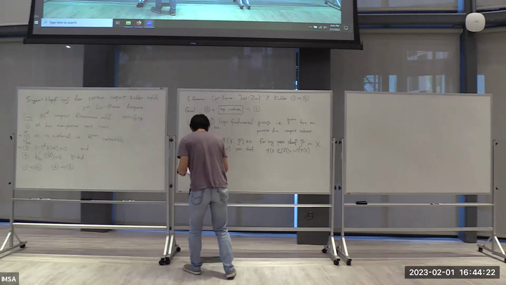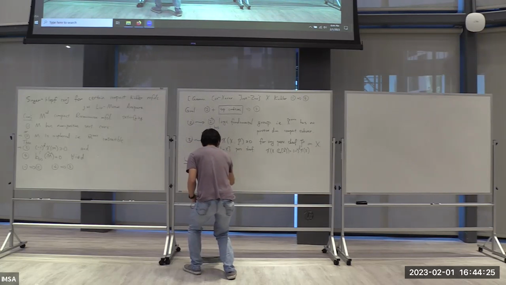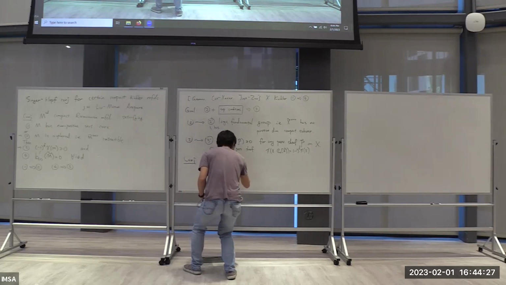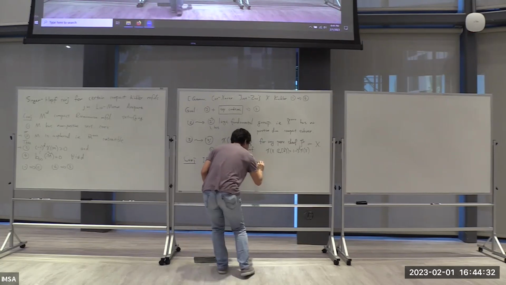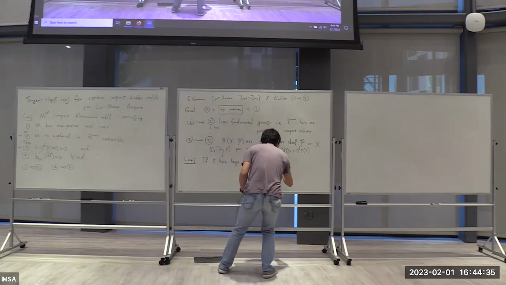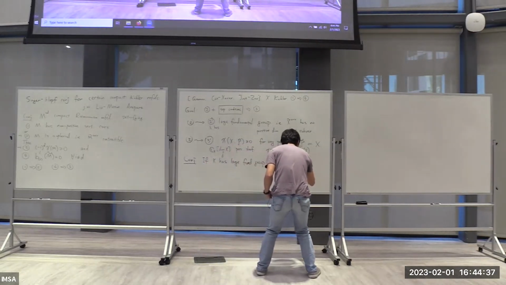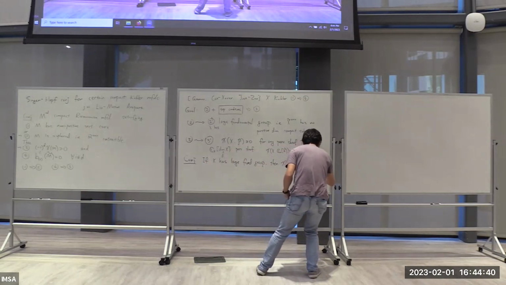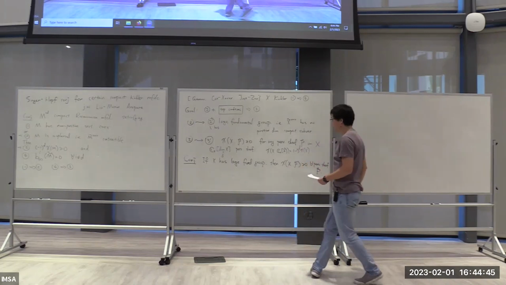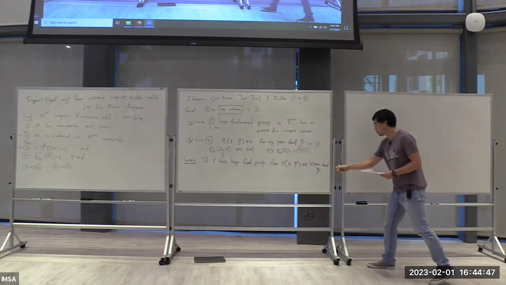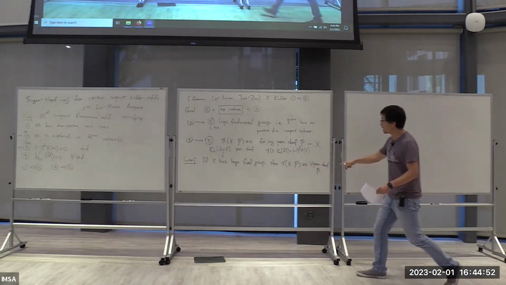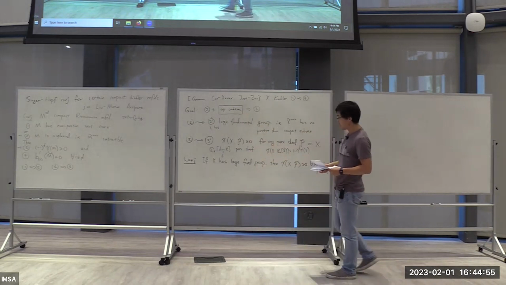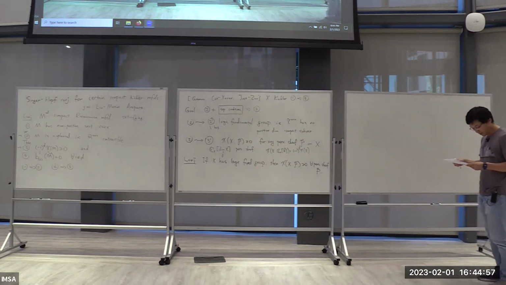So if X has large fundamental group, then the Euler characteristic of P, any perverse sheaf P on X, is non-negative. That's a conjecture. We cannot prove this in general, and under some topological conditions, we will confirm this conjecture in some cases.